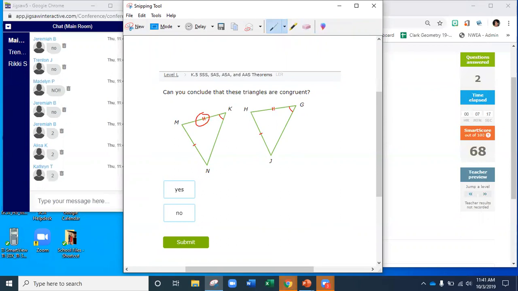We got this one congruent here, KM congruent to HG. That's one side. What's our other side? MN congruent to HJ. Another side. And then we have an angle. Is it the included angle?